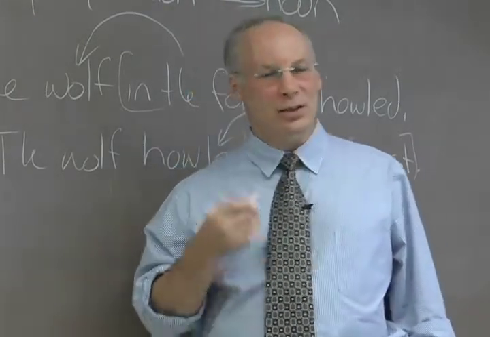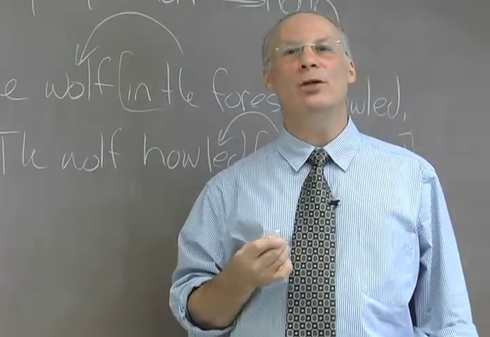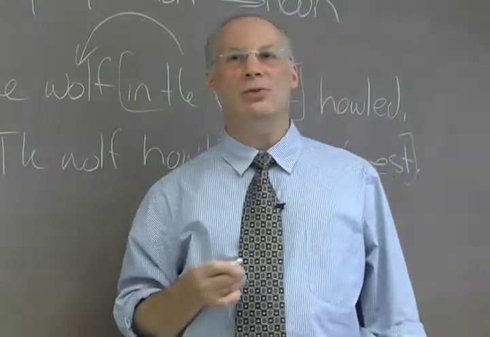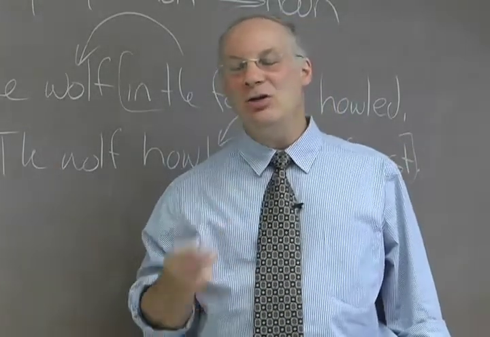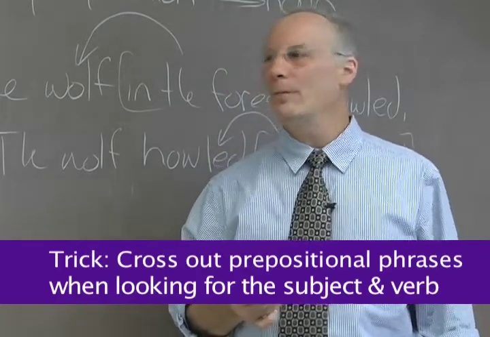What that means in terms of analyzing sentences is that if you have a sentence with a whole bunch of prepositional phrases in it, you can cross out the prepositional phrases and use that trick to narrow down your search for the subject and the verb.